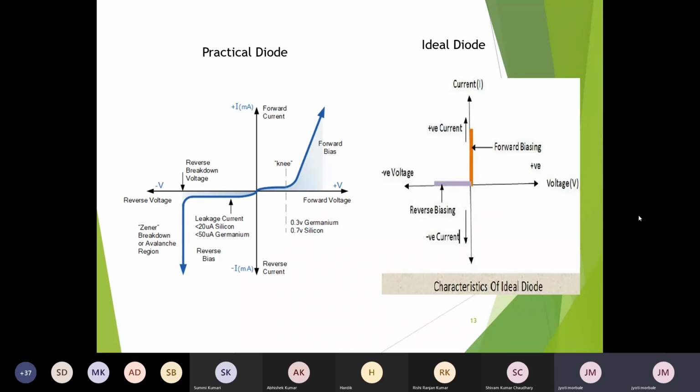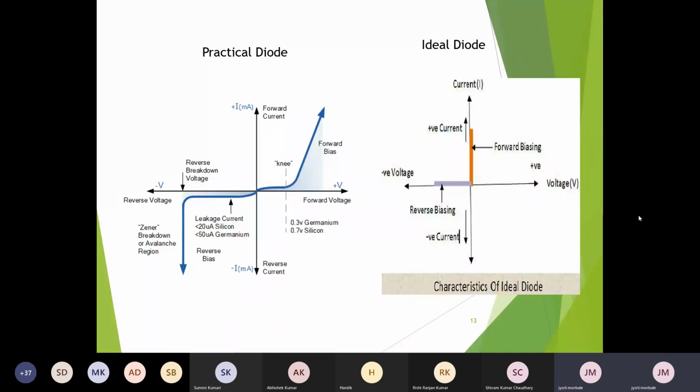तो जब भी आप कंपैरिजन करोगे in between practical diode and ideal diode, you need to show these graphs also. प्रैक्टिकल डायोड का ऐसा ग्राफ है, आइडियल डायोड का ऐसा ग्राफ है. Then we can say that when the diode is forward biased, it acts like a closed switch and it permits the current to flow.